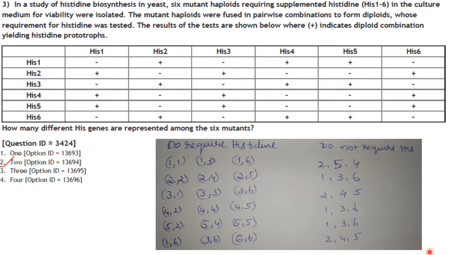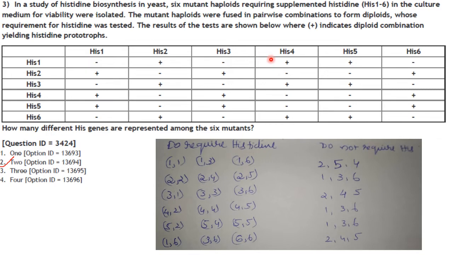Now we see that when 1 is combined with 2 or 4 or 5, the deficiency of histidine 1 is overridden.